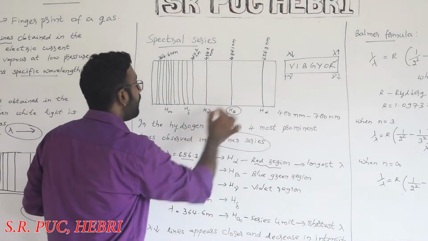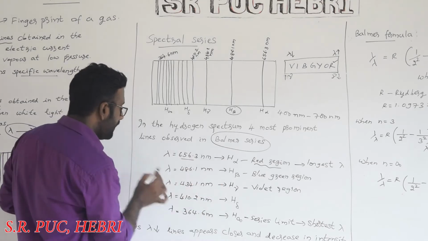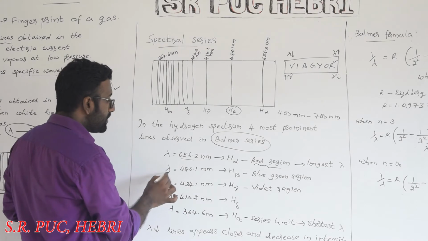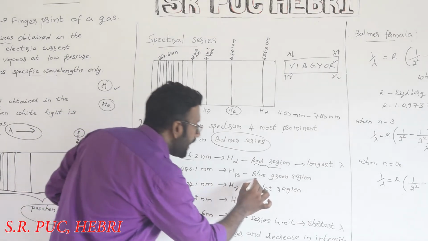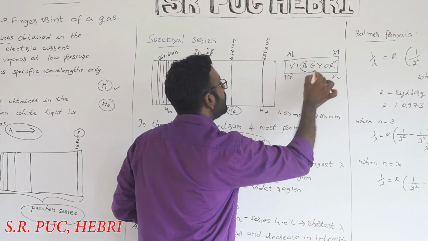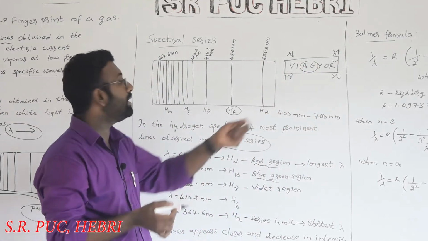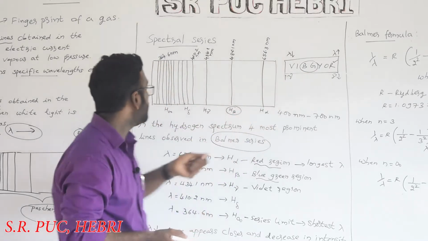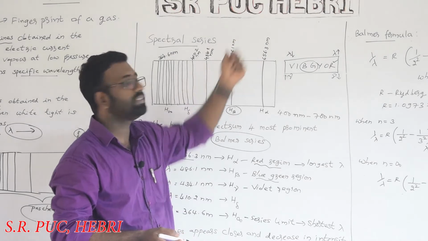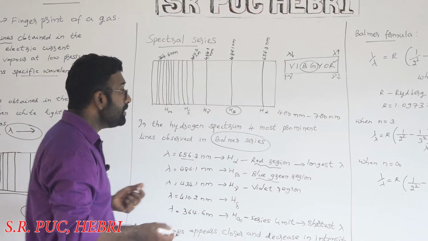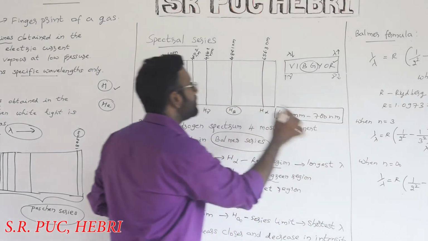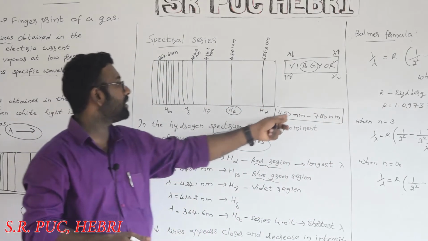Coming to the next, H beta: wavelength 486.1 nanometer, known as H beta, and it is in the blue-green region, so it may be the middle of the visible spectrum. The wavelength I have given is not exact, it is approximate, but we usually consider it for the visible spectrum.